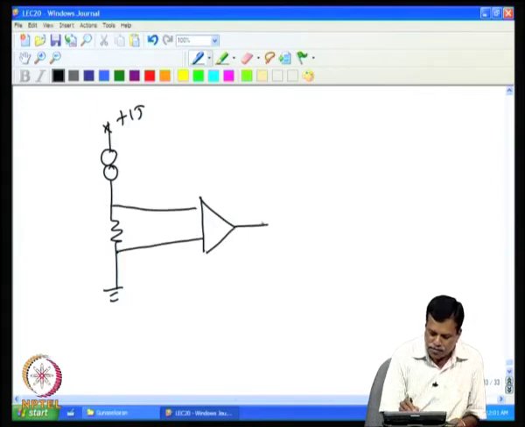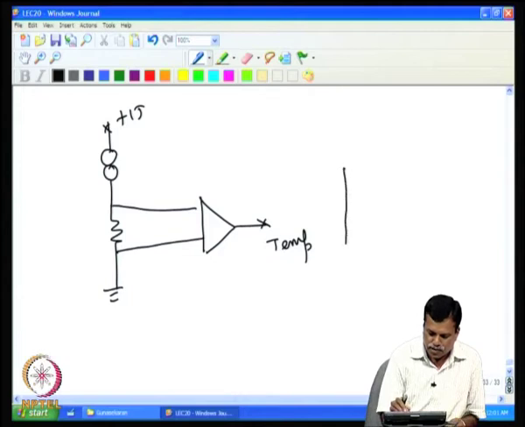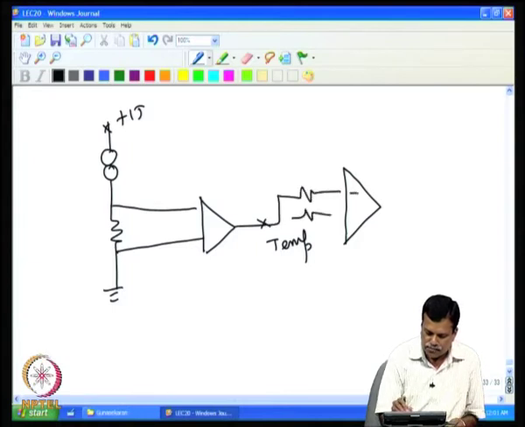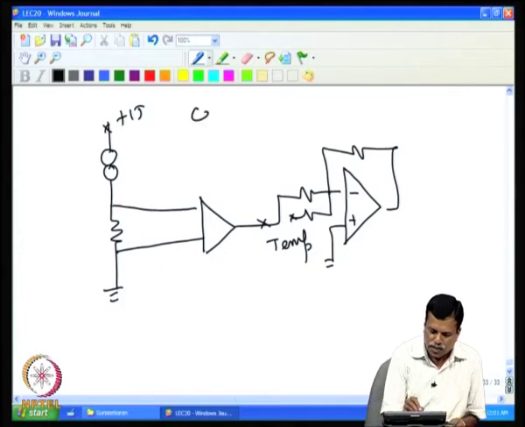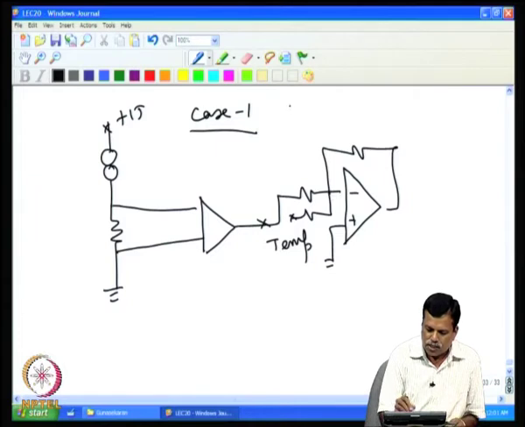Then the output of the instrumentation amplifier gives you the temperature. Of course, the base voltage has to be subtracted if you want to make a temperature measurement. So, that has to be done, that is in one case. So, case 1, voltage based measurement.